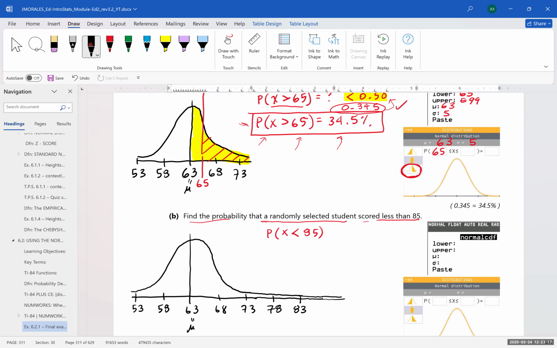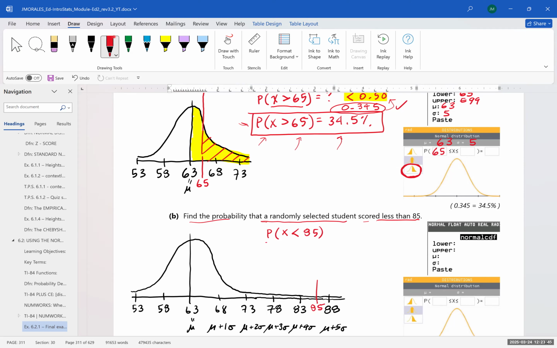Add 5 again. 88. Okay. So this is the mean plus 1 standard deviation. This is the mean plus 2, the mean plus 3, the mean plus 4. This is 5 standard deviations out. And 85 is right about here.